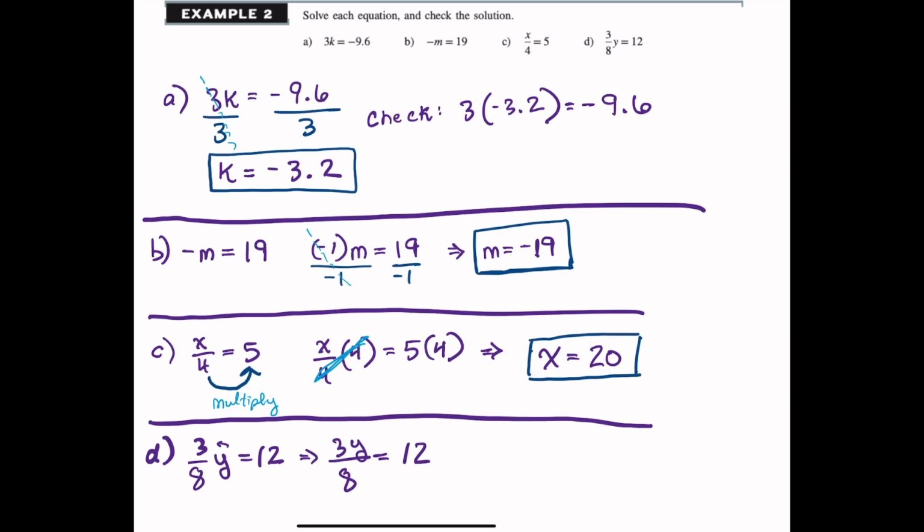The 3 is being multiplied by y, so y is being multiplied by 3, and then there's a division happening also. It's being divided by 8, so there's multiplication and division happening. So one way to do this is to solve it in 2 steps. We can first move this 8 over to the other side by multiplying.